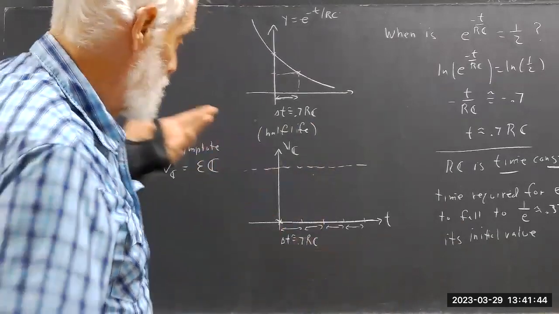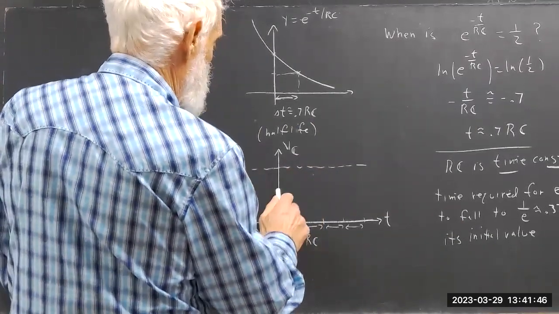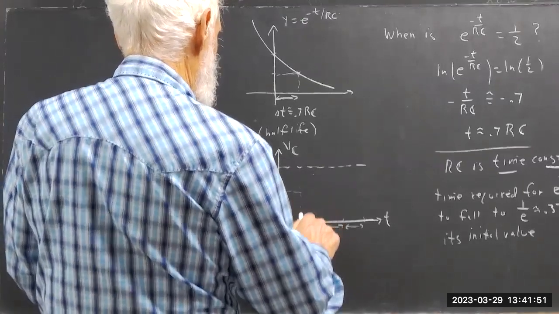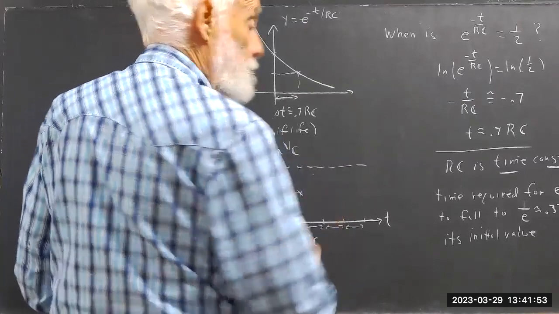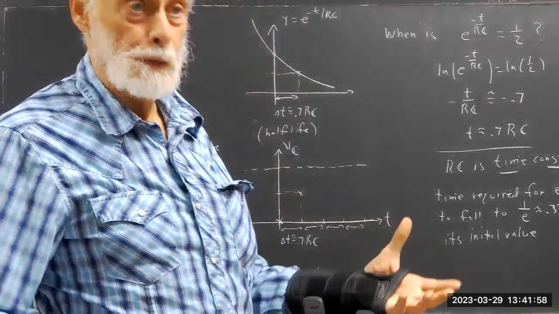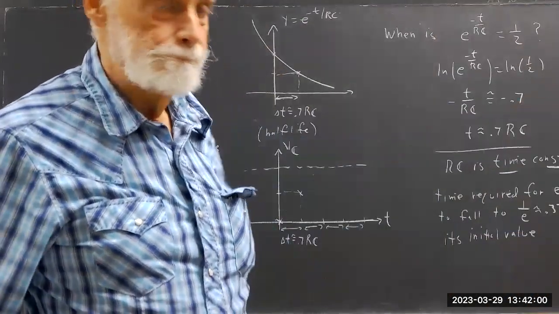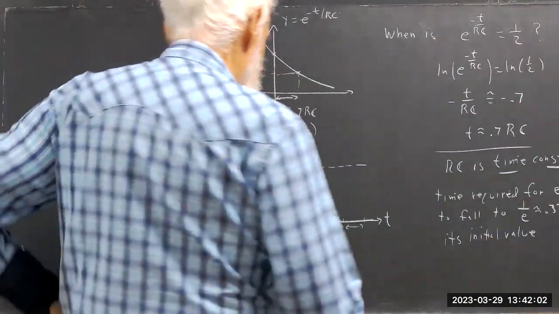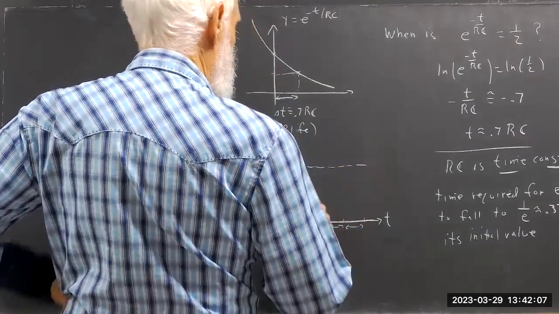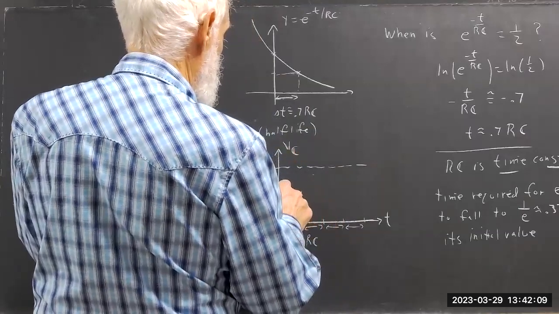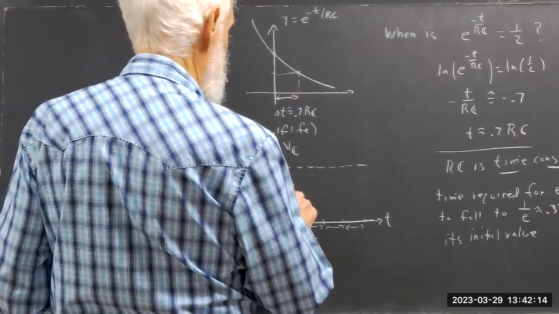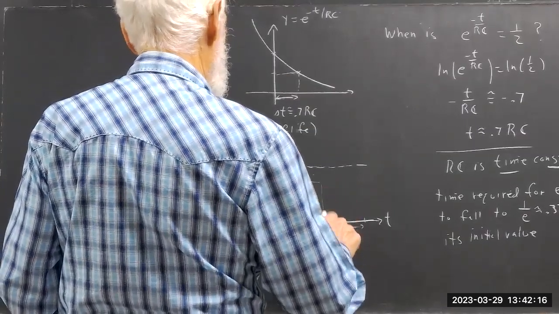Right. So okay, here it is. Let's just go halfway. That would be here. So the current's got to go through this way. It's going to be important when we do lab, because you're going to see this in real time on the display. Then it's going to go to half of this, halfway from here to here. That's going to put you here.